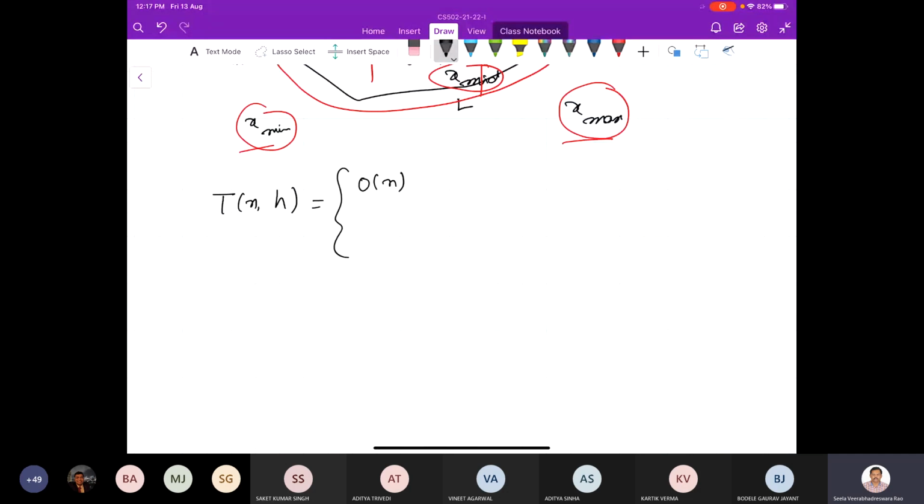And what else do we have? We have two subproblems. One is we have n by 2 points. Assume that the left hull has h1 edges. And the second subproblem is you have n by 2 points on the right side, and the number of hull edges is h minus 1 minus h1.